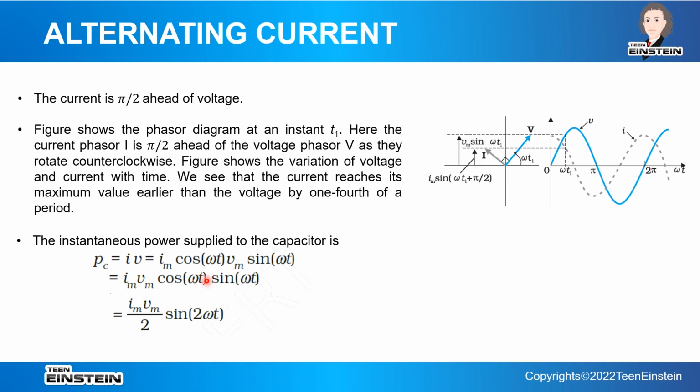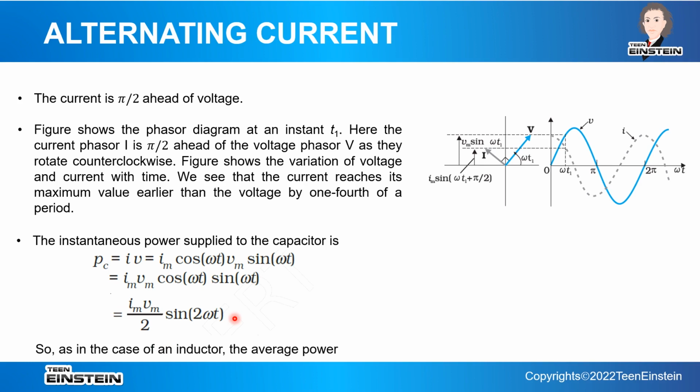If you multiply these two, you get Im Vm into cos omega t sin omega t, which we can substitute as sin 2 omega t by 2. So the power of this particular circuit, which consists of an alternating voltage source and a capacitor, at any particular instant will be given as P equal to Im Vm by 2 into sin 2 omega t. So this is the instantaneous power.